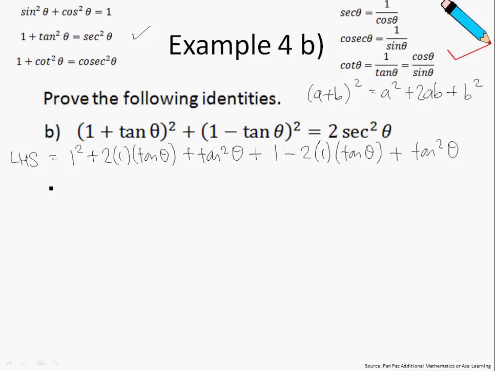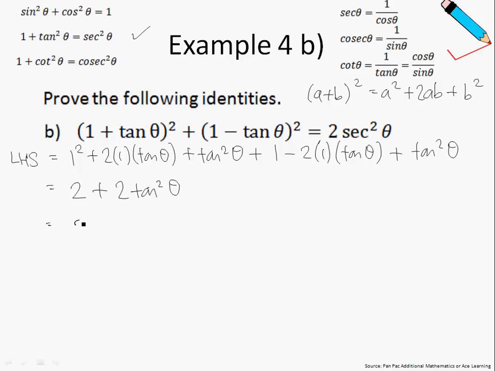Simplifying this whole expression, 1 plus 1 will give me a 2. 2 tangent theta minus 2 tangent theta will be gone. Finally, tangent squared theta plus tangent squared theta will give me 2 tangent squared theta.